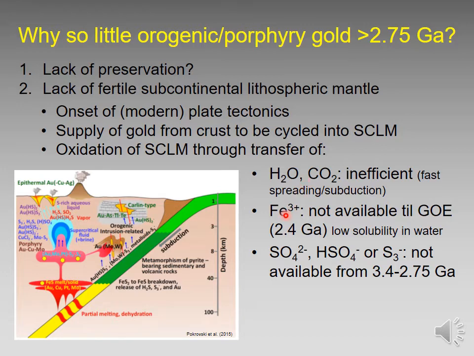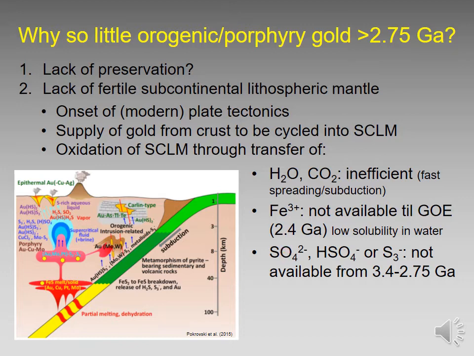Another option would be iron 3+, but we know pretty well that until the great oxidation event around 2.4 billion years ago, there was not much iron 3+ around, which leaves us with the various sulfuric species. And oxidized sulfuric species were interestingly also not much available in the time window between 3.4 and 2.75 billion years.